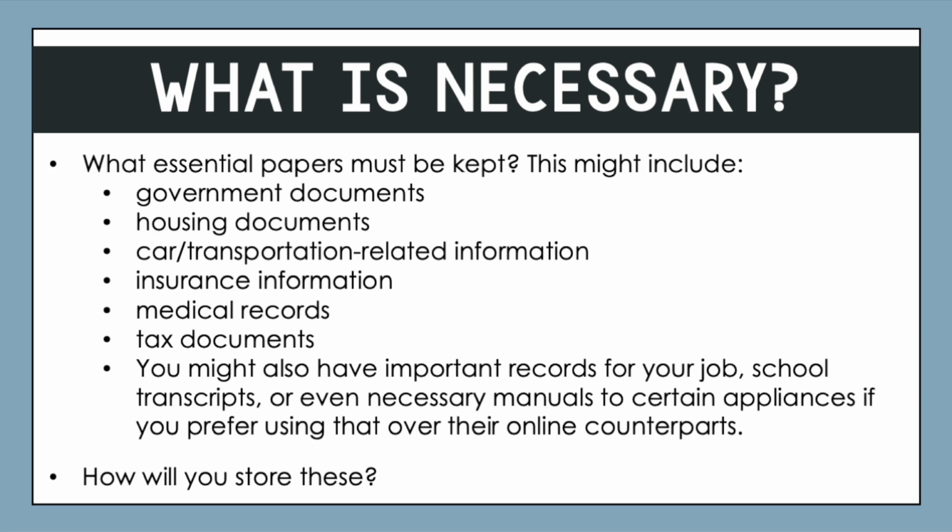You could have car and transportation related information, insurance information, medical records, tax documents, and more. And you also might have important records for your job, your school transcripts, certain manuals that you prefer using the paper-based version instead of the online version. These are common examples of what we consider necessary or essential.